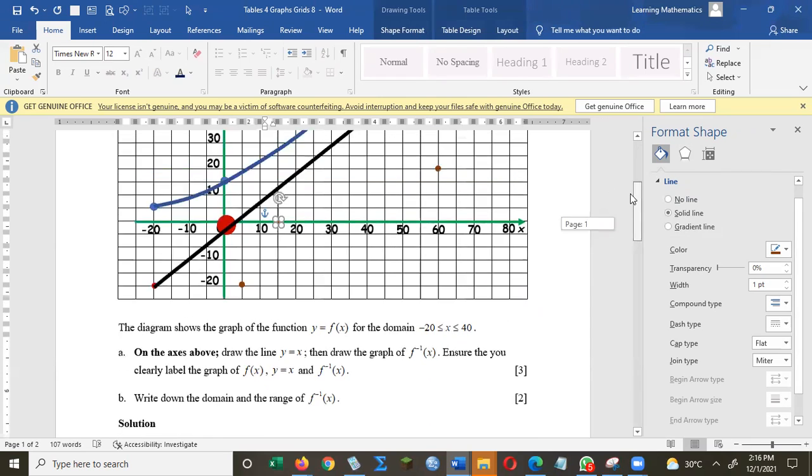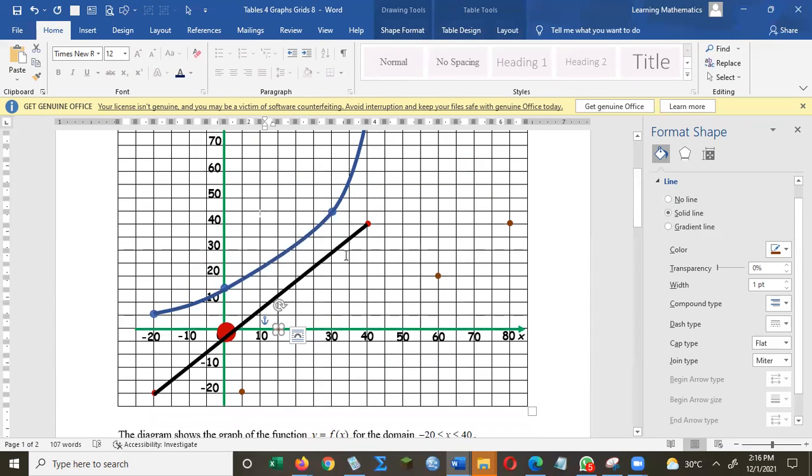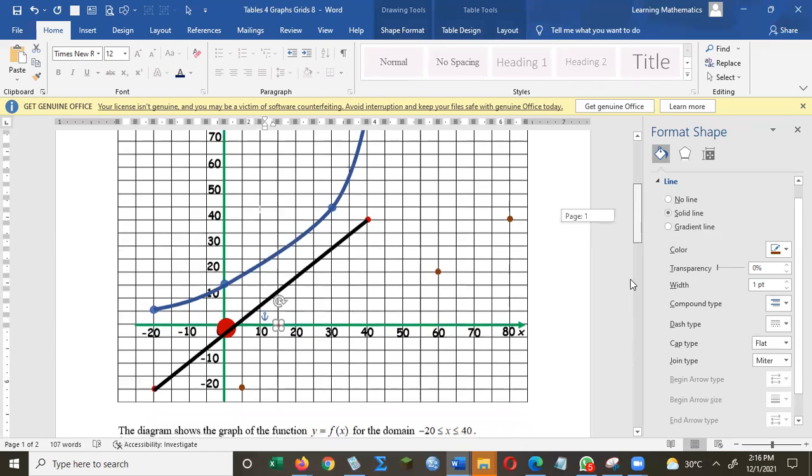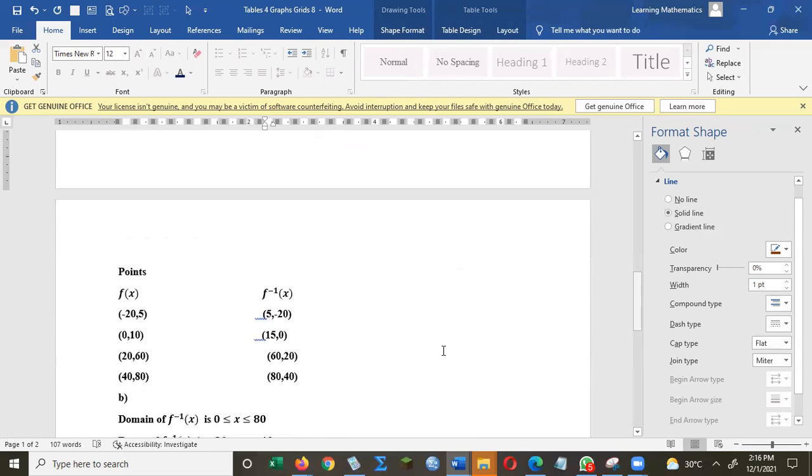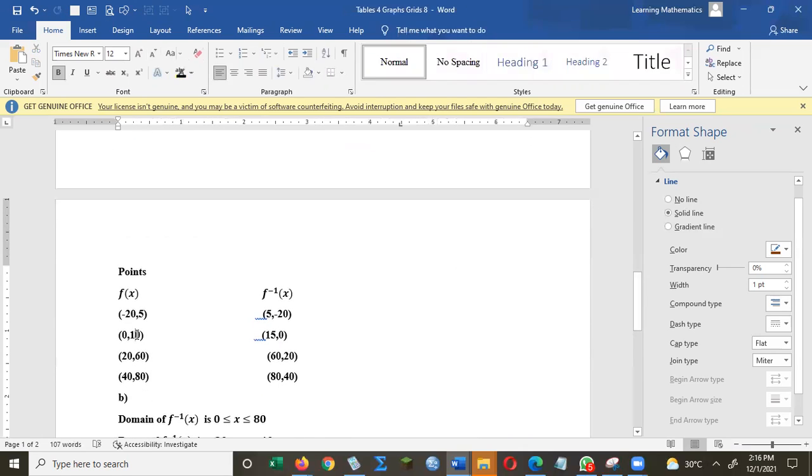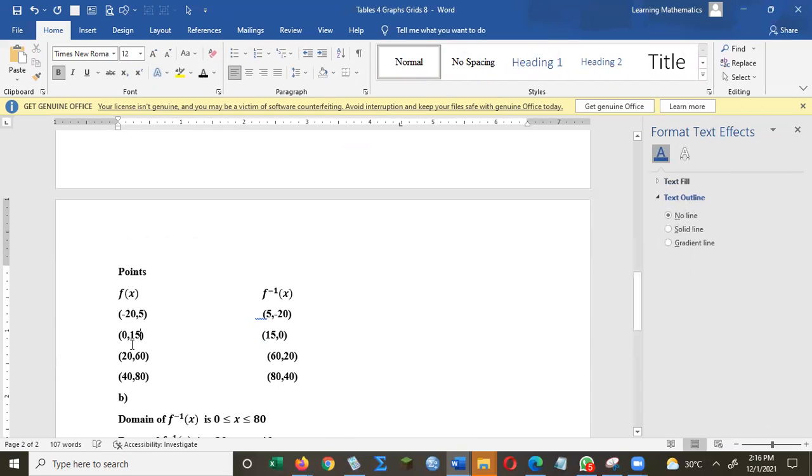Then we move on to our next point on the function itself, 30, 45. See where it is, halfway between 40 and 50, 45. 30, 45 becomes 45, 30.